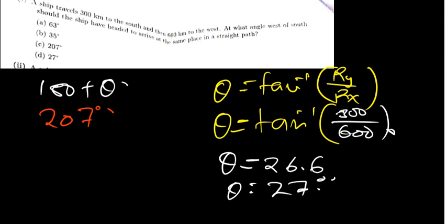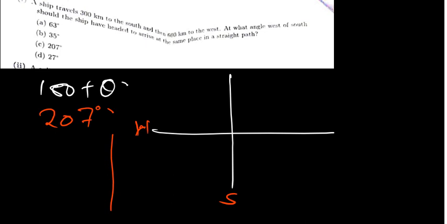Now, this 207, guys, this is the angle. This is what we have here. This is west, this is south. So we know that 27 is somewhere here, and from this line all the way to this line it's going to be 207.